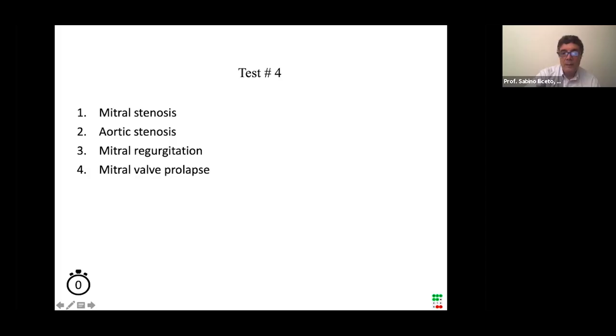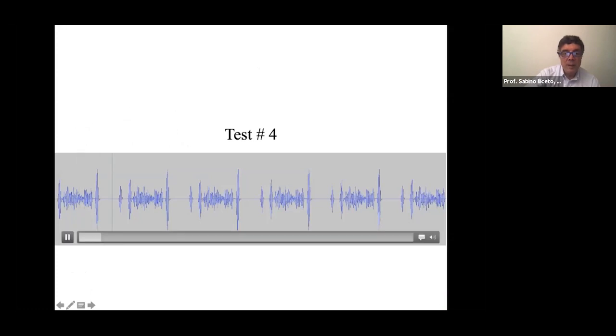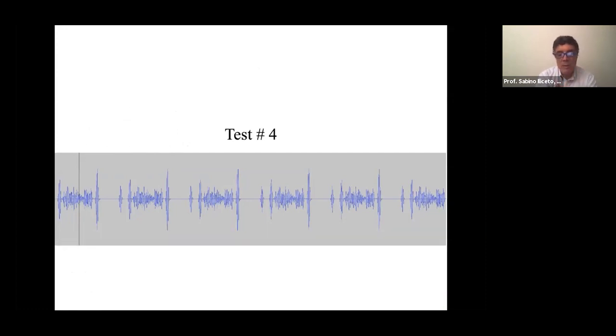So let's return to the tracing, and I share with you. Okay, so this is the phonocardiogram, and as you can see, we have a first sound, a second sound, an opening snap, and a diastolic murmur. So this is mitral stenosis. It cannot be mitral valve prolapse because the auscultatory finding is in diastole.